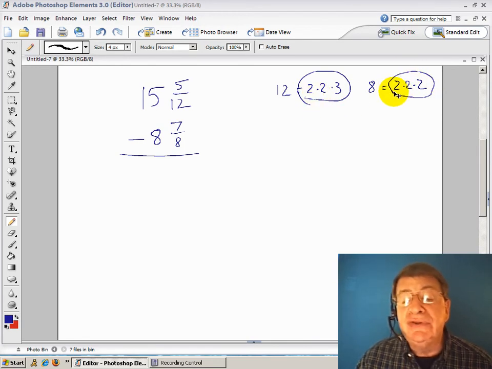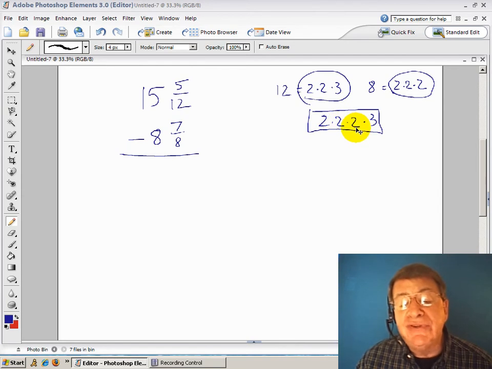This one has 2 2's, this has 3 2's, so the 3 2's will win out. This one has 1 3, this one has no 3's, so 1 3 will win out. Now, 2 times 2 is 4, times 2 is 8, times 3 is 24. Now, 24 will be our lowest common denominator, but as before, let's look at the factors.